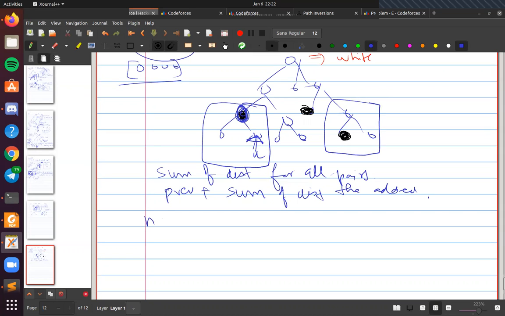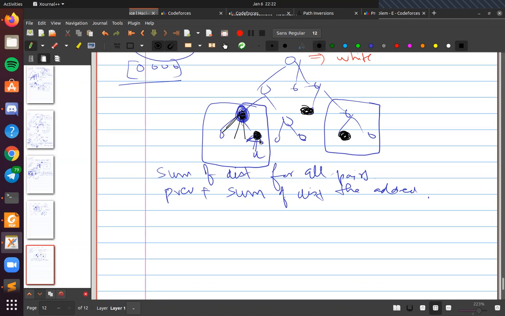Otherwise, it would be n log n. You don't need to store an array. So let's say you are painting a node black. You travel to all of its parents, and you add the sum to the sum count and increase the count also. But how do I obtain the distances from these nodes?